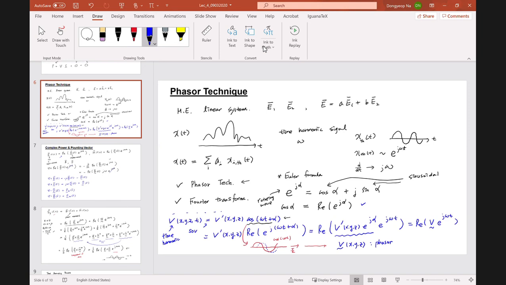Cosine of omega t plus alpha is equivalently sine omega t. So by choosing alpha, we can turn the cosine into the sine function.